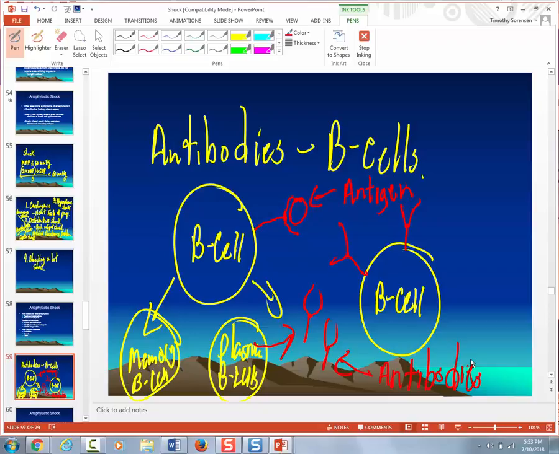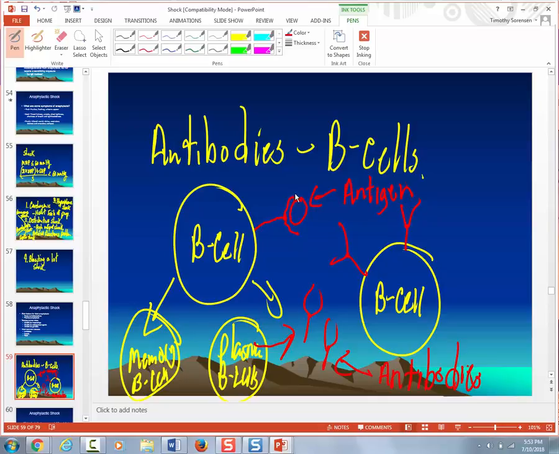Now, you better write this down. On your first exposure to an antigen, the plasma B cells do not make a lot of antibodies. Do you understand this? Let's say, for example, this little antigen was the flu.